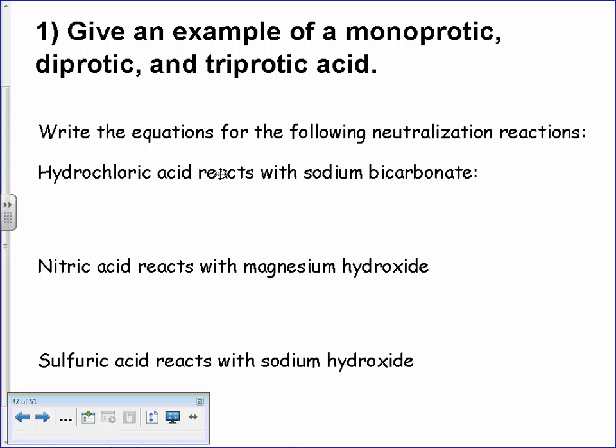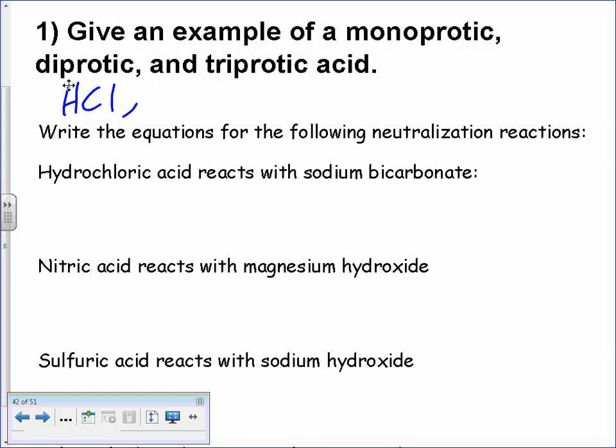So tell me one example of each. Hydrochloric acid. Okay, so hydrochloric acid is monoprotic. I'll come back to you.